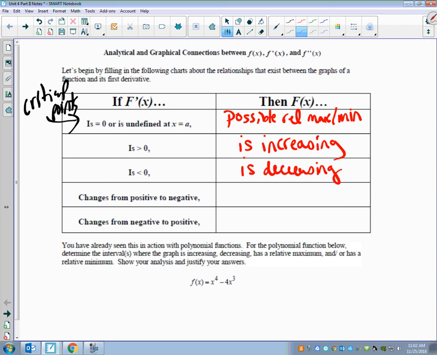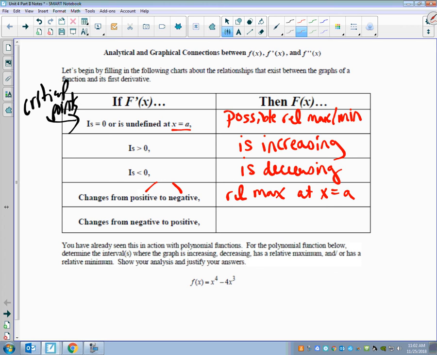And when we know the derivative changes from positive to negative, right? So it equals 0, and it changes from a positive, which means from increasing to decreasing, we know that that is a relative max on f of x at this point, right?